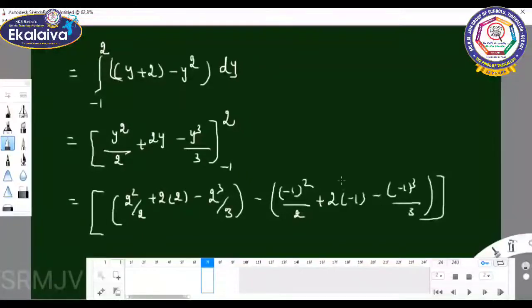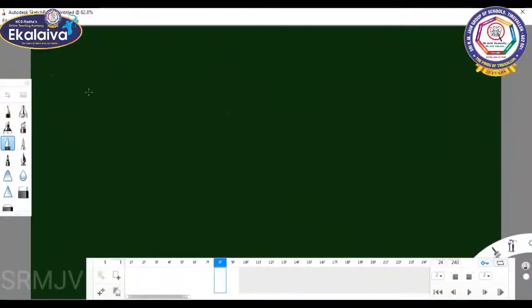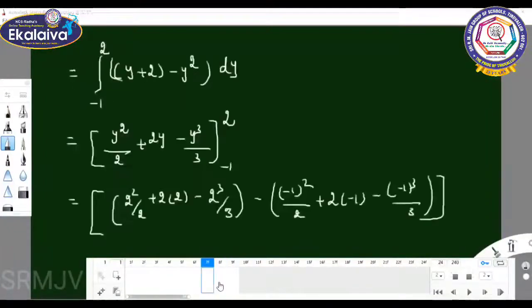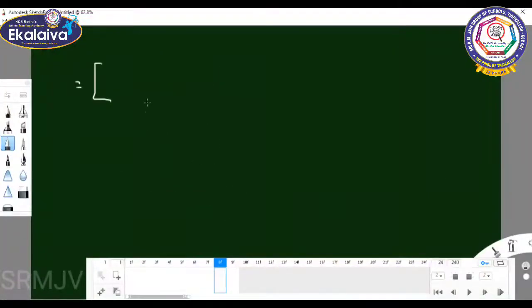So it gives 4 by 2, that is 2, plus 4 minus 8 by 3, minus the lower limit.